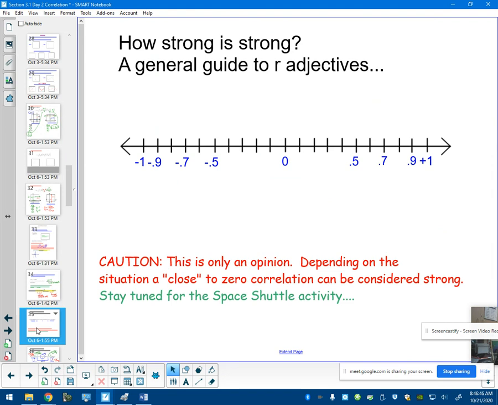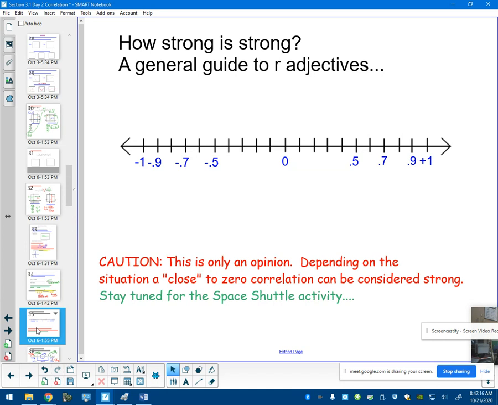And again, this is only an opinion. College professors, AP, they might have a different opinion, but this is the best one I can come up with to help us out here. And I just noticed this was all hanging down here, and it's driving me crazy. So, put that back up.